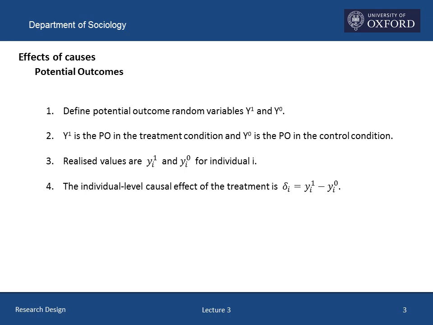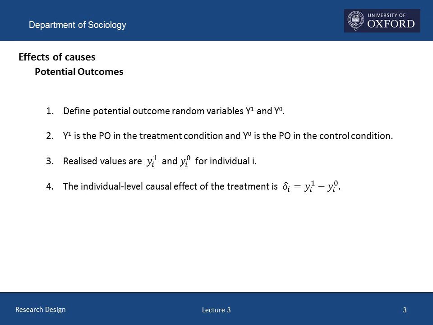We can now define the individual level causal effect of the treatment. This is delta i equals lowercase yi superscript 1 minus lowercase yi superscript 0.